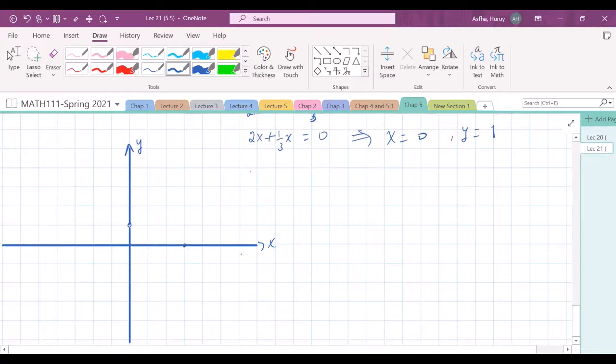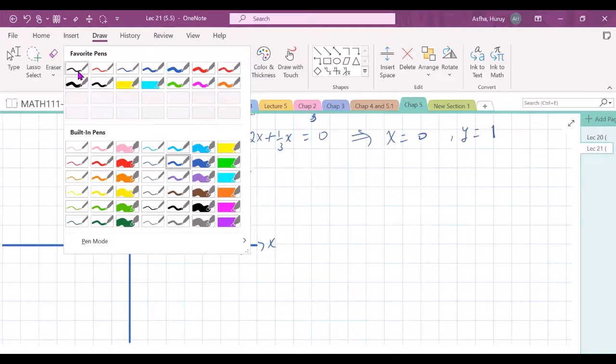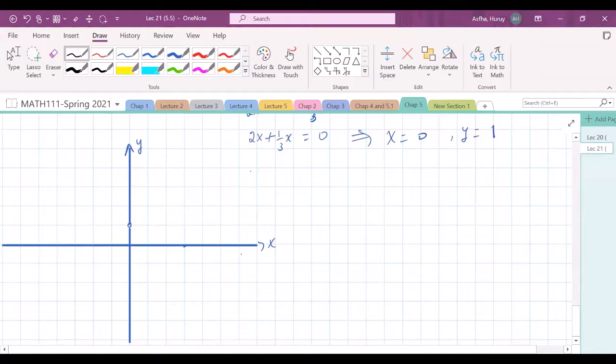So we have this. Let's say this is the line. So this is y equals -1/3x plus 1.